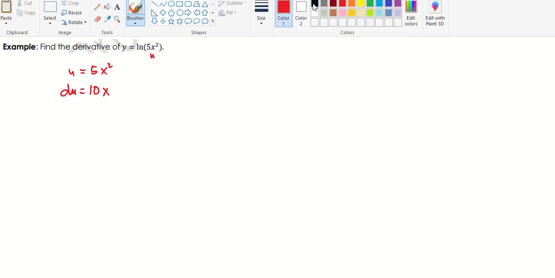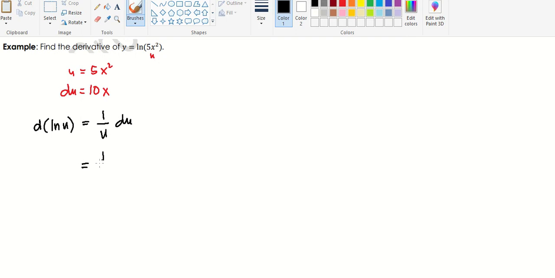Now, proceed to the formula. So our formula is the derivative of ln u is equal to 1 over u du.